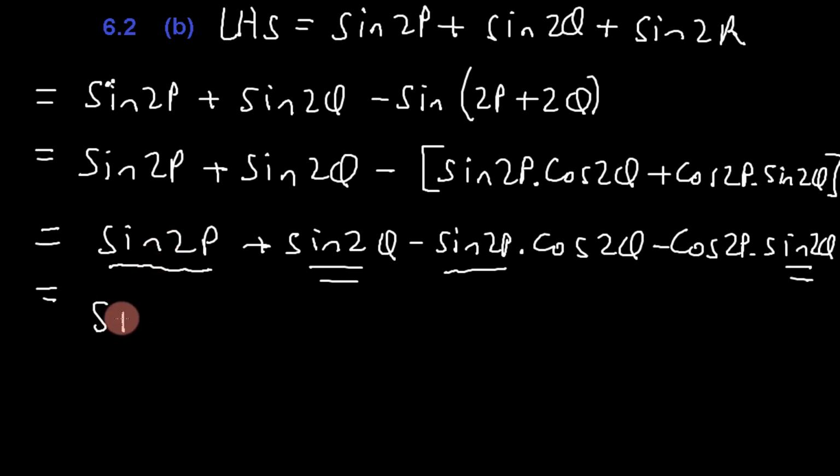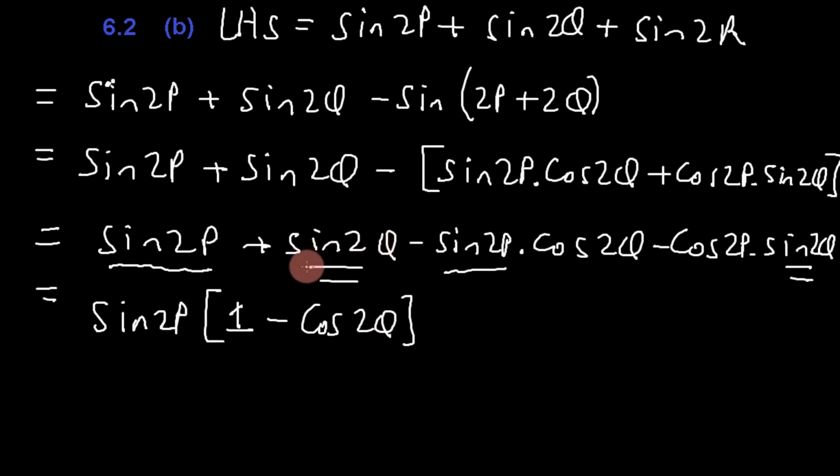Let's start with the sine of 2p. The sine of 2p into the sine of 2p once, then this sine. And here, when we take out the sine of 2p, we're left with a cos of 2q. Now we can take out the sine of 2q, so it's a plus. The sine of 2q into the sine of 2q once.